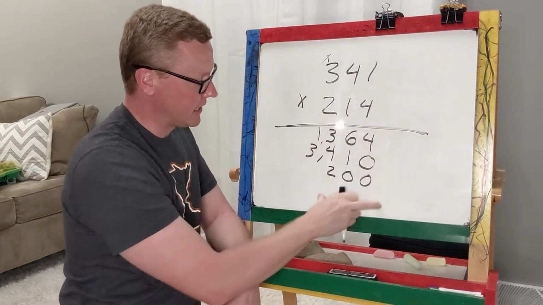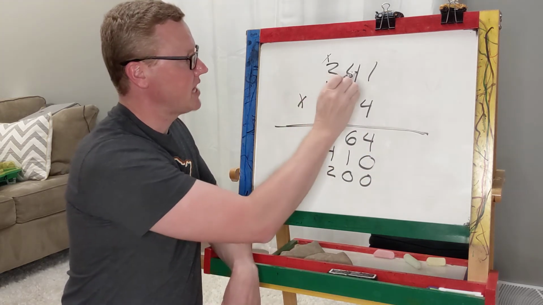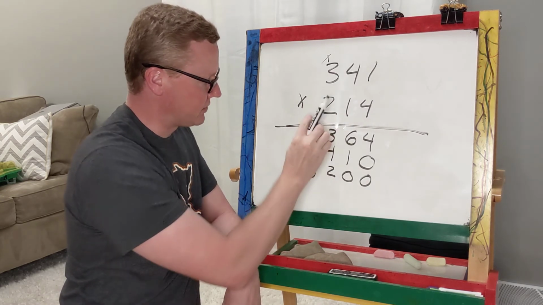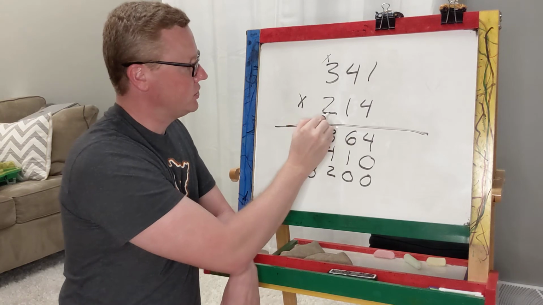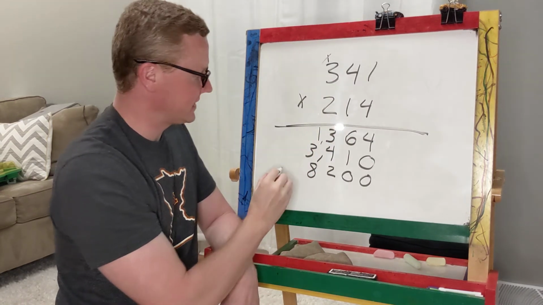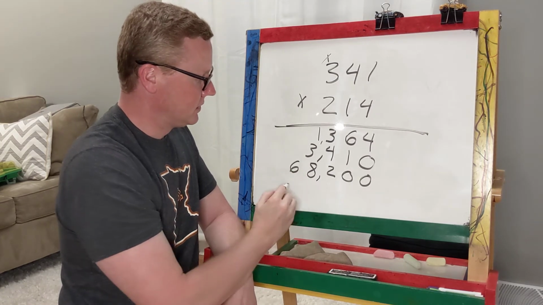Make sure you're lining it up. That should be in the 200 spot. 2 times 4 is 8. That should be in my 1,000 spot. And 2 times 3 is 6. And that goes over here in my 10,000 spot.